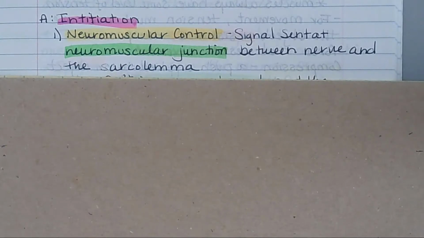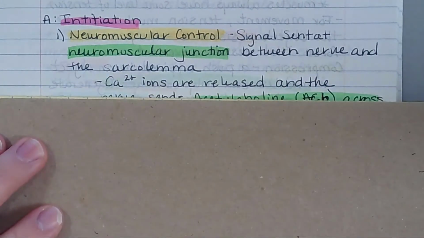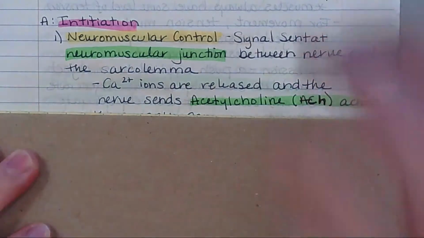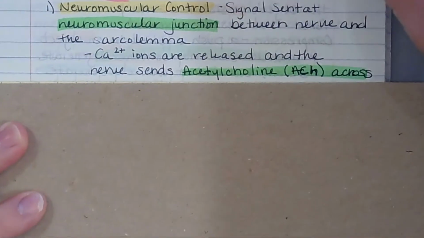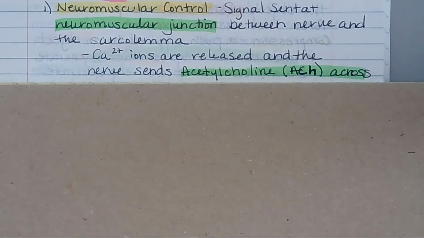With our neuromuscular junction and the sarcolemma, we end up sending a signal that releases calcium ions. Remember when we talked about the muscle cell, you have stored calcium ions within the sarcoplasmic reticulum that are then released.